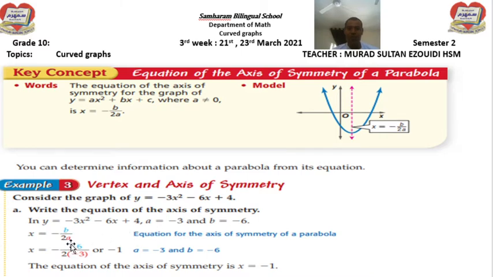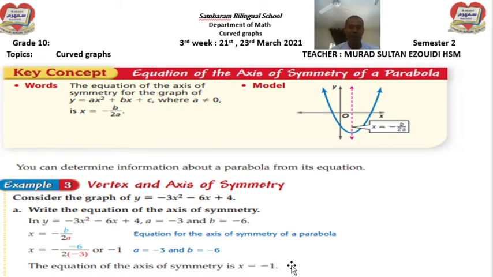You will substitute: minus 6 divided by 2 multiplied by minus 3, because a is minus 3. It will be minus 1. The axis of symmetry of this equation is x equals negative 1, where a is negative 3, b is negative 6.